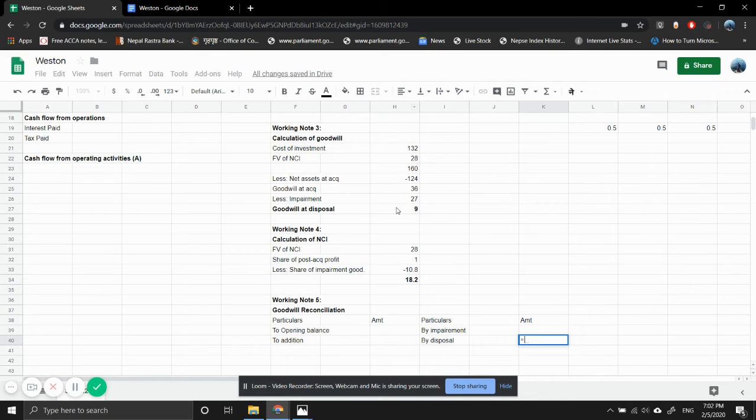We know that already from here. And then by closing, this figure will be basically from carry forward.